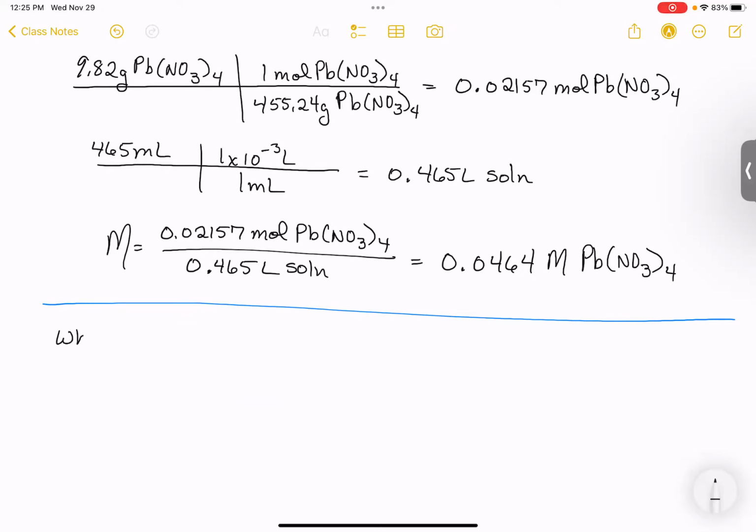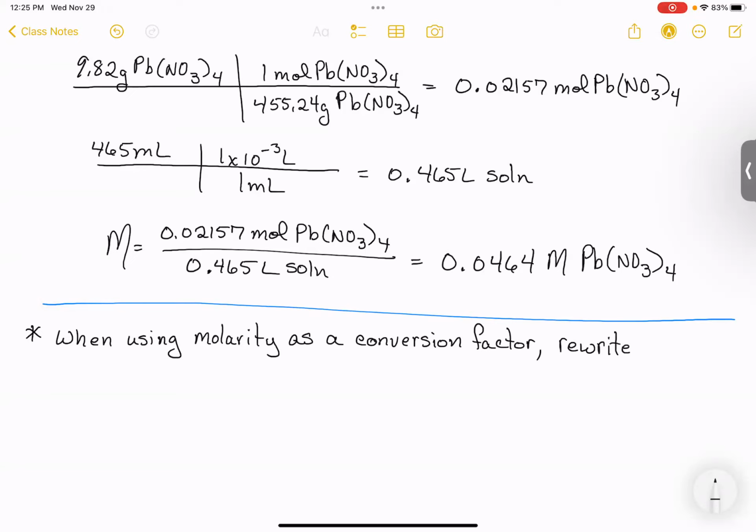And the key I can tell you to being able to do this successfully is, when using molarity as a conversion factor, rewrite the molarity into its subunits.